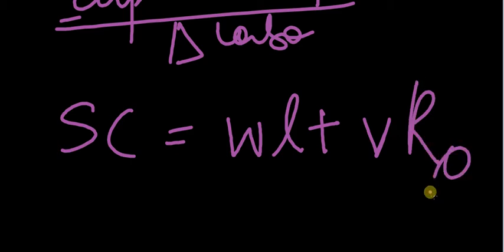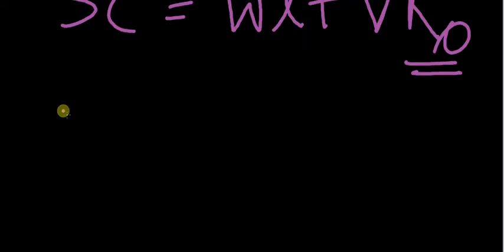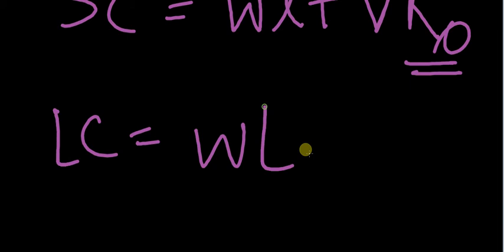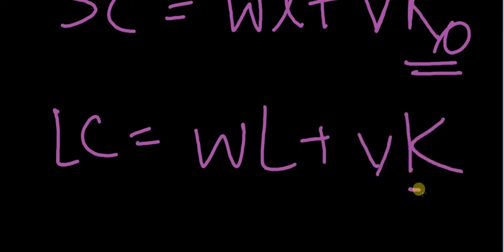Whatever capital the firm has is fixed; it cannot change it in the short run, so I'm taking K to be some constant K naught. Whereas in the long run, my cost function will be WL plus VK, and now both are variables. Alright? Great.